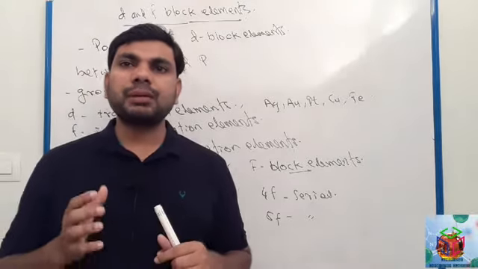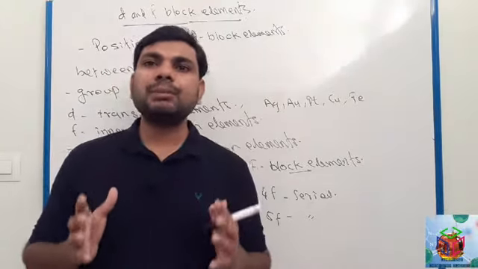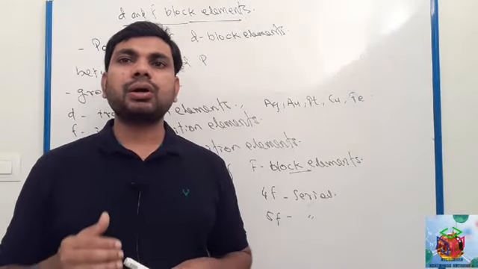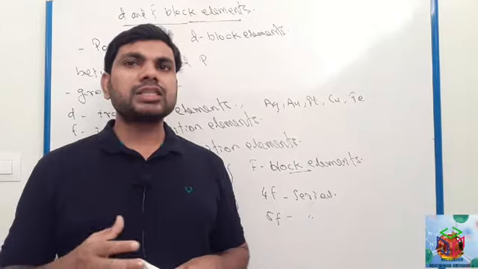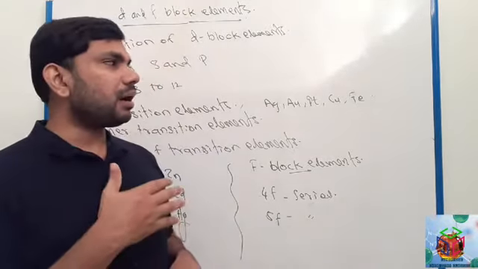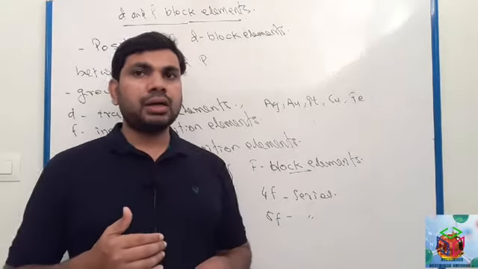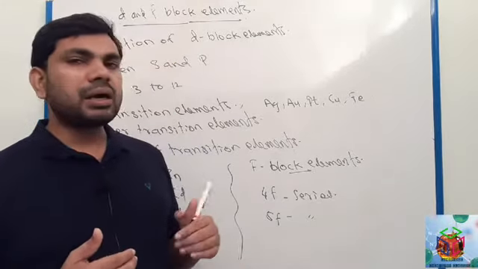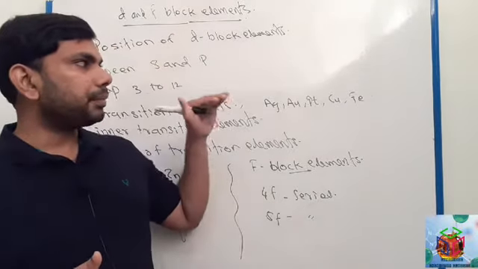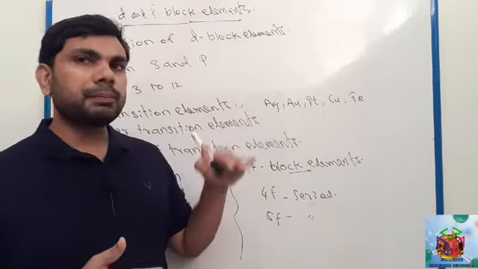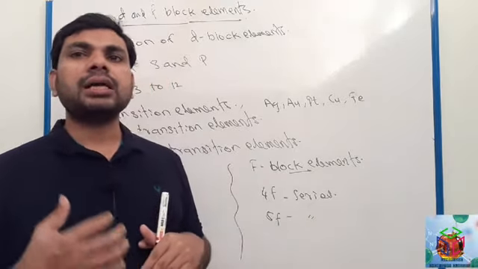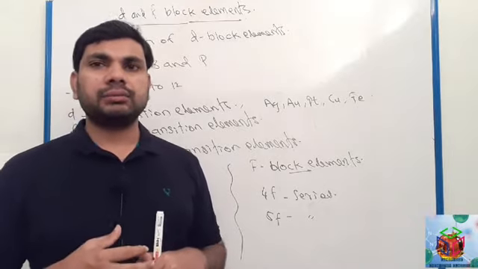D block elements are also called transition elements. Elements coming after lanthanum: you can see in the periodic table, in the bottom part, there are two periods. The first one is the lanthanide and the second one is the actinide.